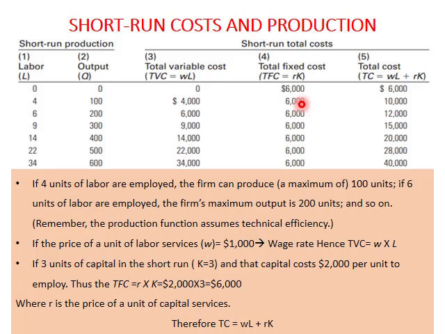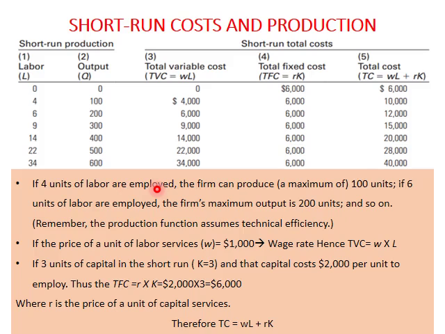If we have two units of capital, we have to multiply by 2, or by the rate. And total cost will be total fixed cost plus total variable cost. So we get these values.